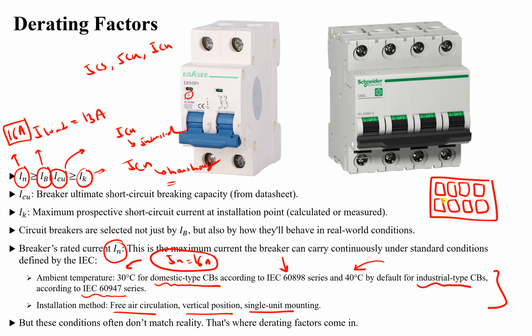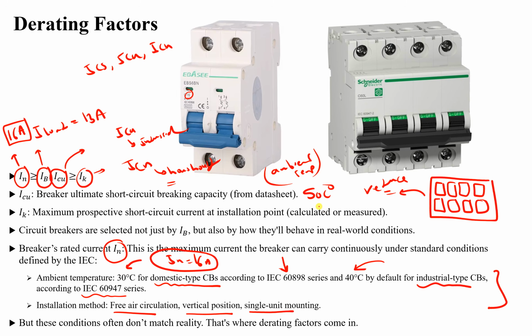So in this case, we need to reduce the rating of our circuit breaker. Another condition is ambient temperature, in which our temperature is not 30 or 40 Celsius degrees but higher, let's say 50 Celsius degrees. In this condition, we have to derate our circuit breaker.